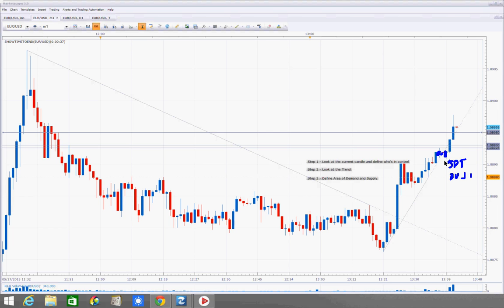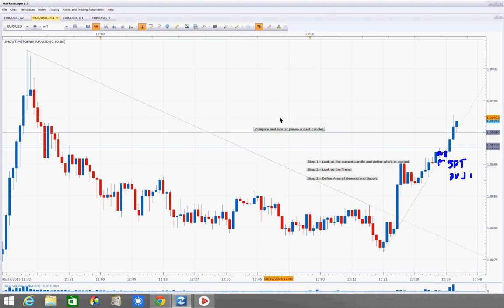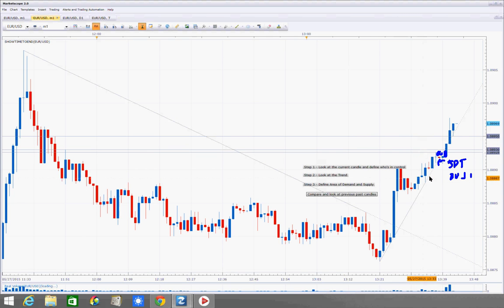The other portion that we forgot is it's imperative to look at the previous candles that define the momentum.